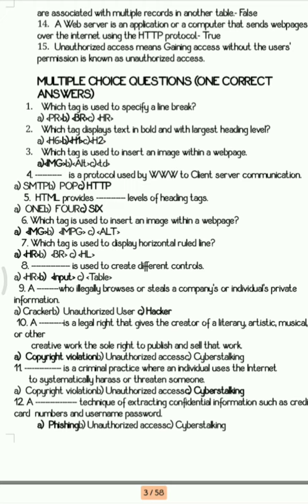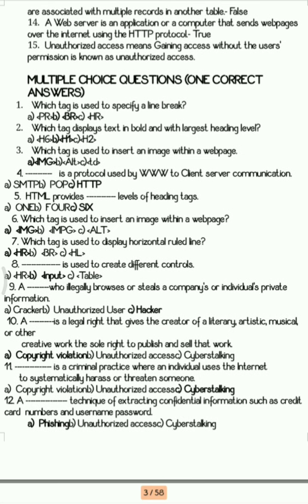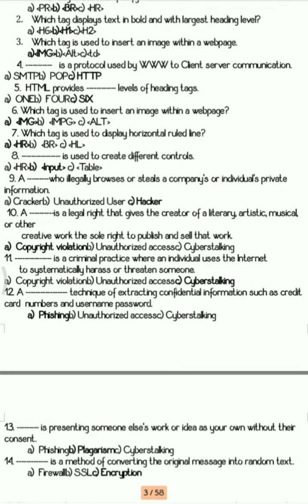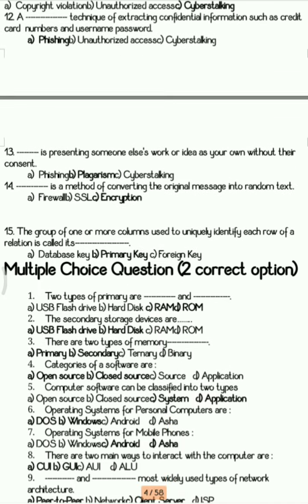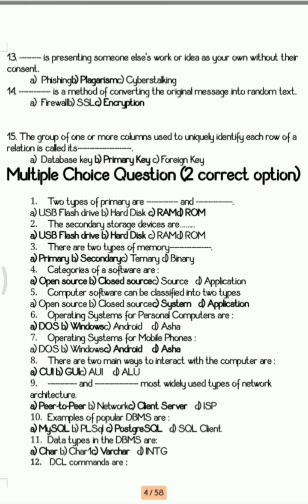Dash is a crime practiced where an individual uses the internet to systematically harass or threaten someone. So it is cyber stalking. Next, a dash technique of extracting confidential information such as a credit card number or a username and password is phishing. And then we have the 13th multiple choice question.